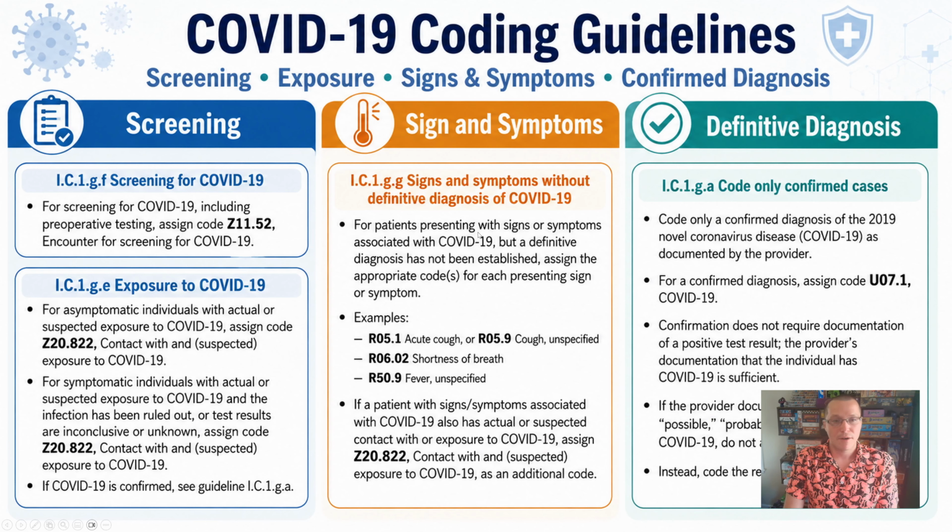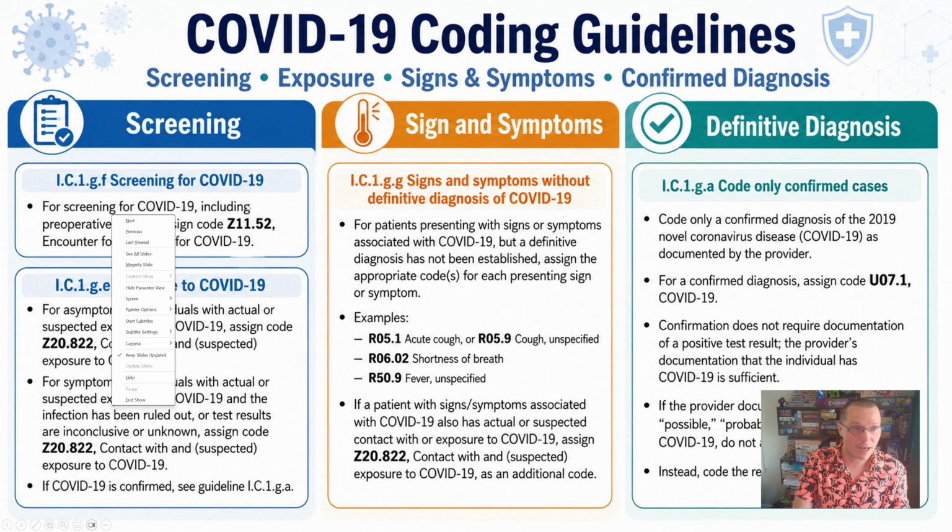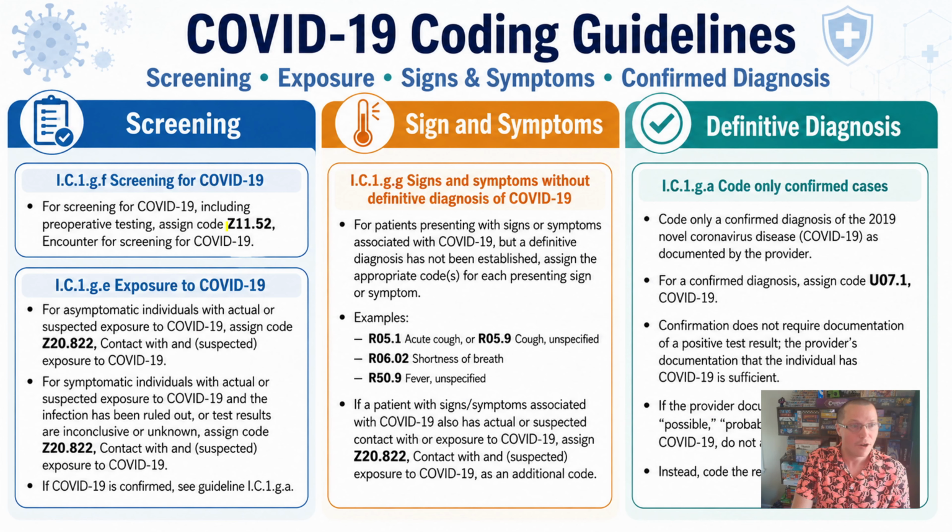And then finally, what I want to discuss here is the guidelines that break it down for COVID. COVID is a perfect example because it has guidelines for every single step of the situation. If we're going to be doing a COVID screening, we're going to use the Z11.52. If there's exposure to COVID, use the Z20 codes when appropriate.